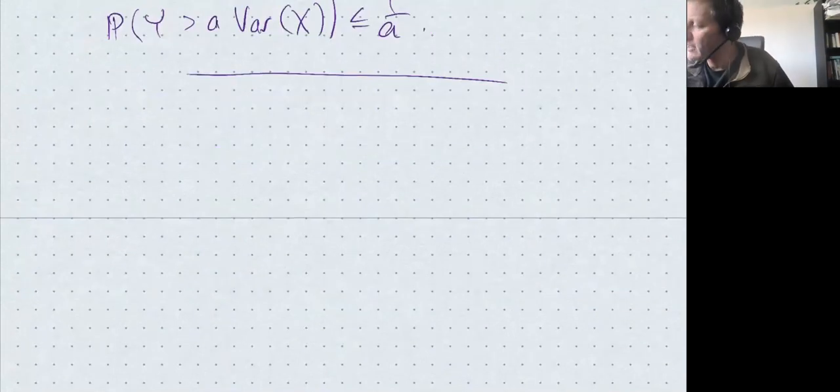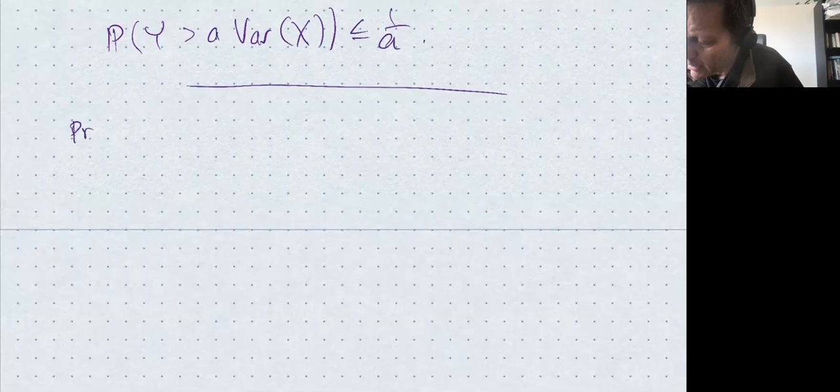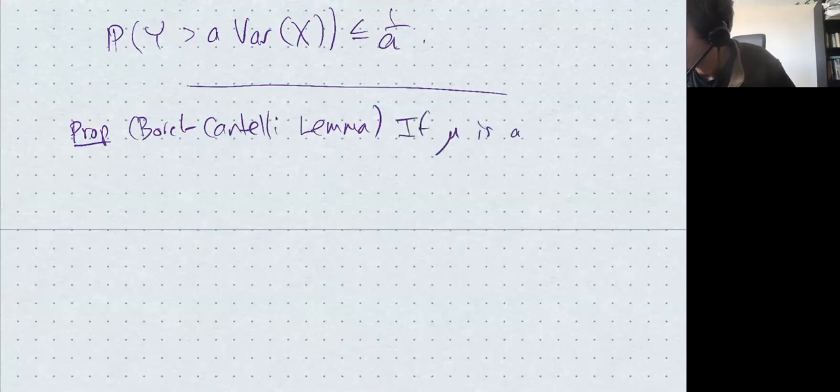So another fact from basic probability that we're going to need today, which I'm sure most of you know, is the Borel-Cantelli lemma. Let me remind you what that is, and also prove it if you don't know what it is. So you have a probability measure. I'm going to write this in the language of measure theory, or not so much probability.